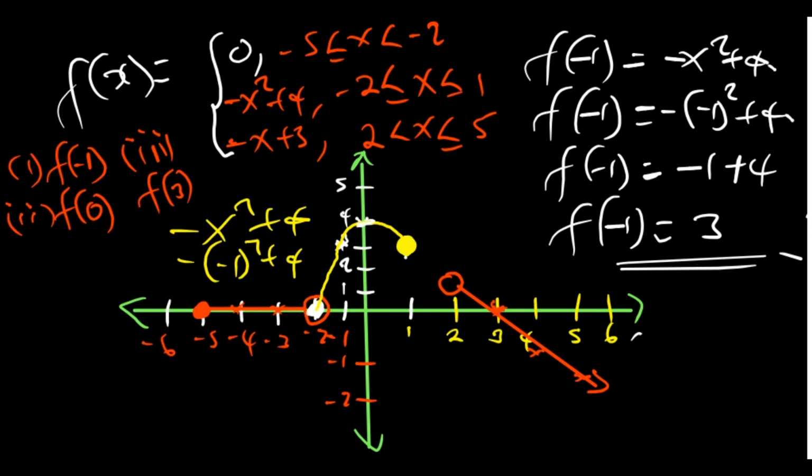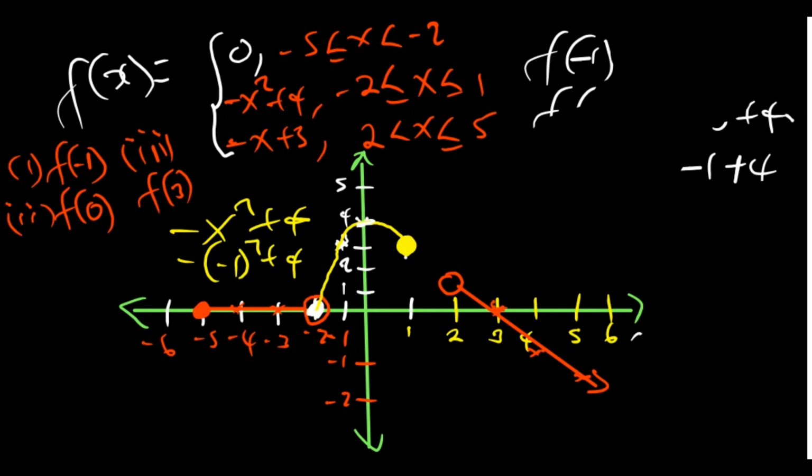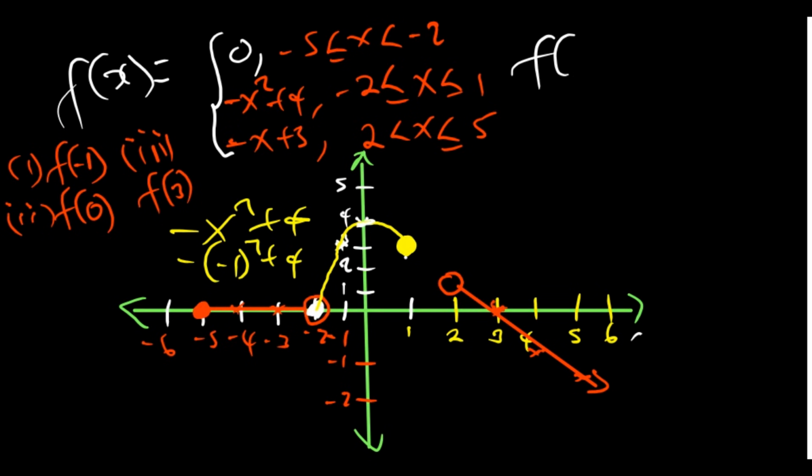Okay. Now what of f of 0? Which one are we going to get? Let's see. So f of 0, let's check the first one. The first one is saying from negative 5 all the way to negative 2, 0 is not in that range.